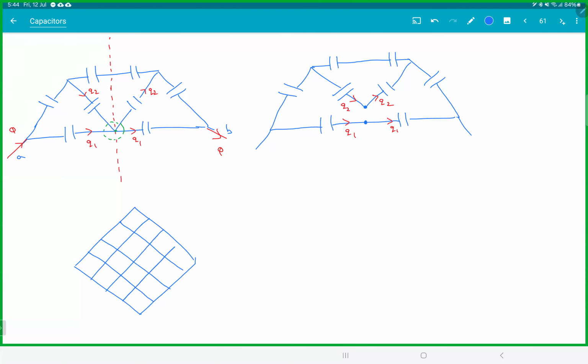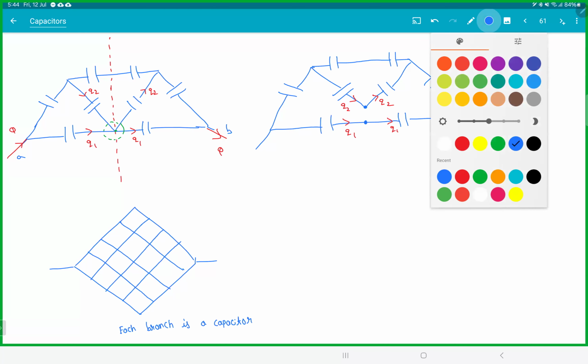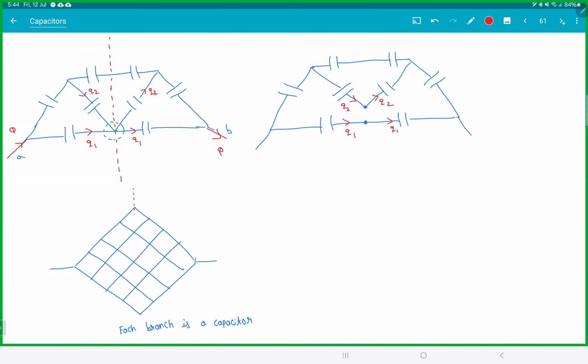Let's say I have a circuit like this. Let's say each branch is a capacitor. Now you can clearly see here, this is a perpendicular bisector symmetry. The left and right are identical.